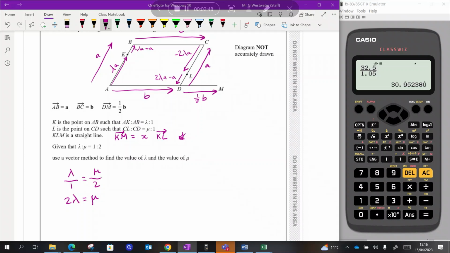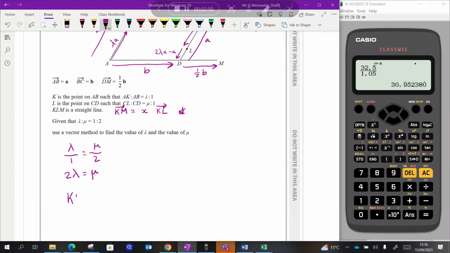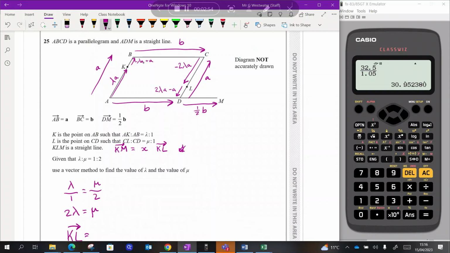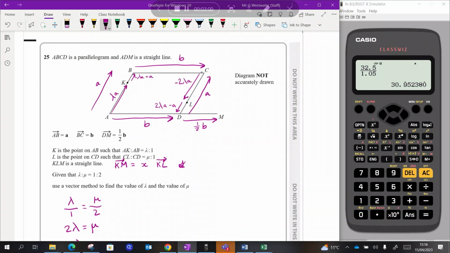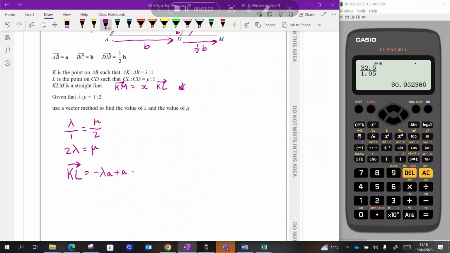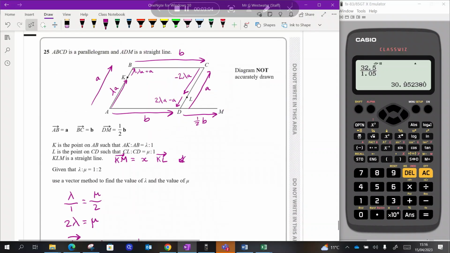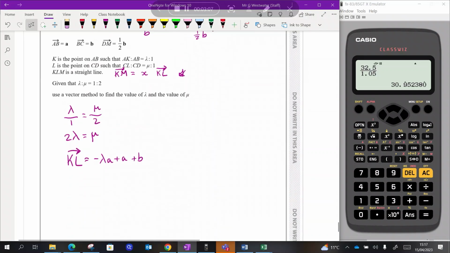KL is going to be minus lambda a plus a, plus b, and then minus 2 lambda a.